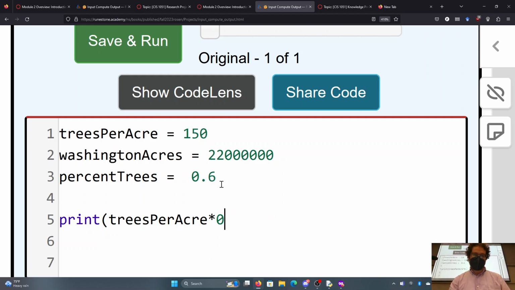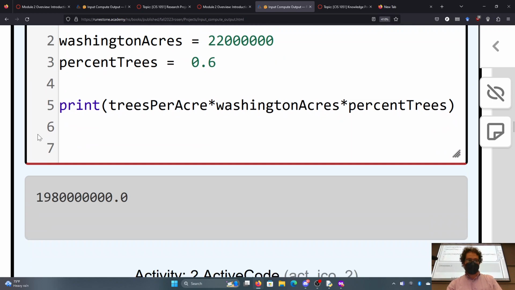So trees per acre, we assume that Washington has this many acres in it, and then we multiply by the percent trees, which was 0.6, to get the total amount. Because I'm using slightly different numbers now, I get 1.9 billion, about 2 billion if I round up.